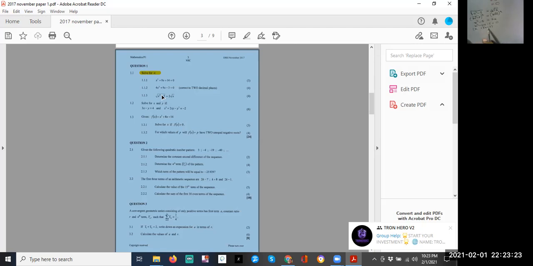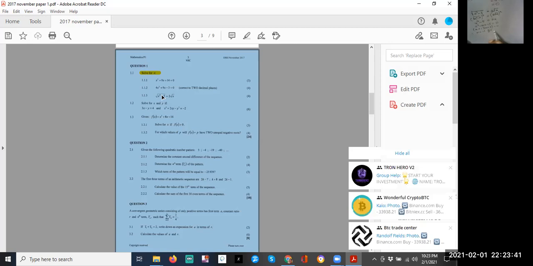Negative means the signs are different. Therefore, if this is negative, this one will be positive. So therefore, what do we conclude? We conclude that your x is equal to -1 and your other x is equal to 5.